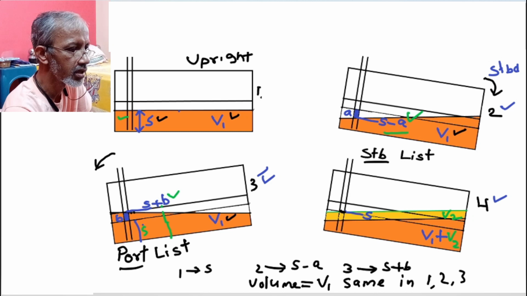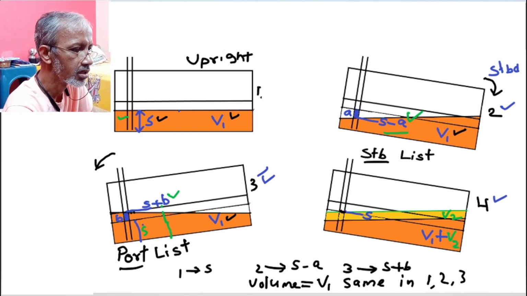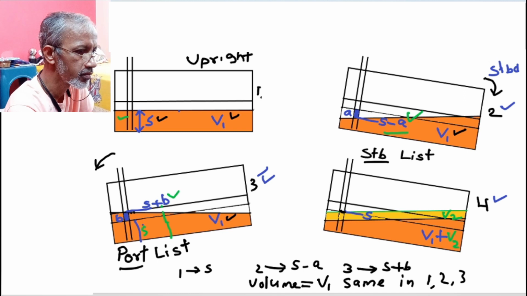By mistake, if we take the sounding as S minus A and read out the volume for that, then we will get a lesser amount of volume. So that is the reason the corrections have to be made for the conditions of list to the starboard side. Only then will we get the correct amount of volume in the starboard list, that is V1.